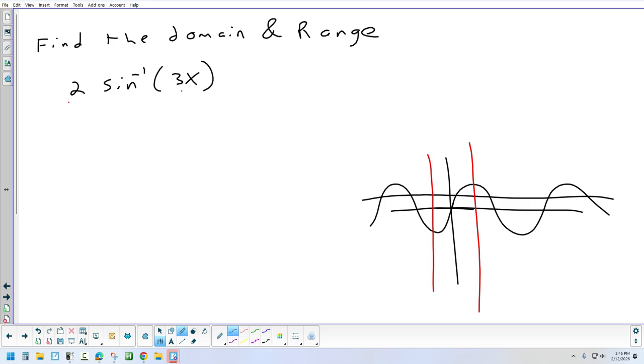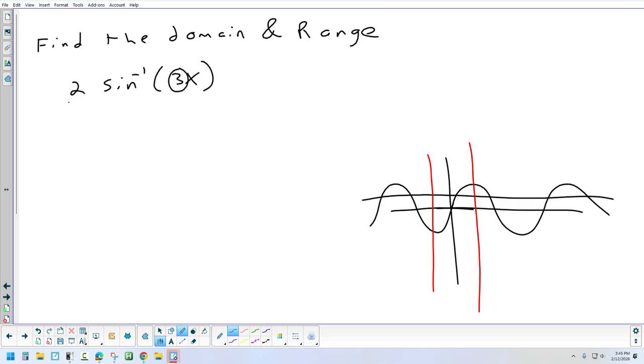No transformations, just the regular domain. -1 to 1. So normally the domain of the inverse sine is -1 to 1. Any question where the -1 to 1 comes from? It comes from the range of the original, -1 to 1. All right, so we have -1 to 1.